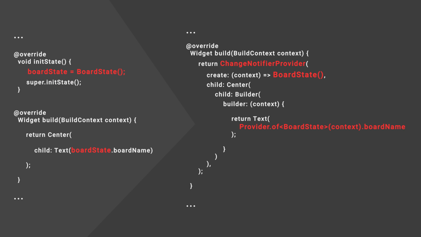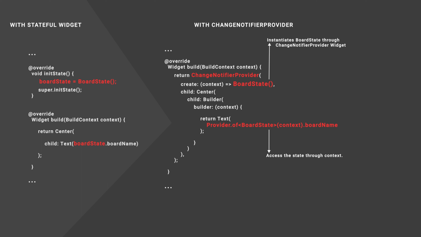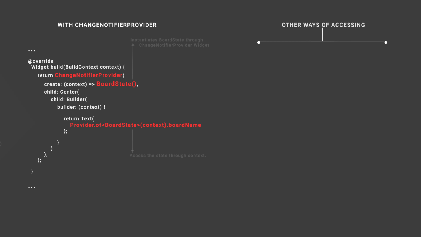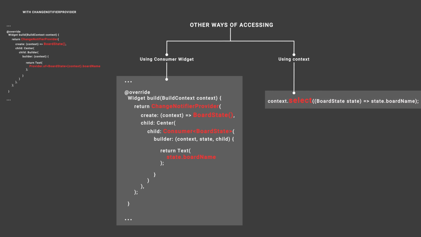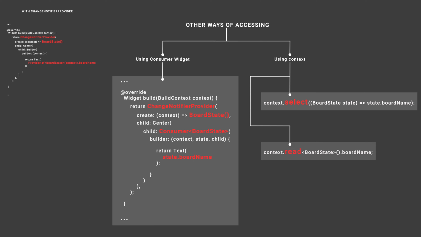Another more popular and better approach is using it along with the change notifier provider widget from the provider package, which does not require the stateful widget and also gets destroyed as soon as it is removed from the widget tree. We can use them by using the consumer widget or by using the context.select, context.read and context.watch methods.